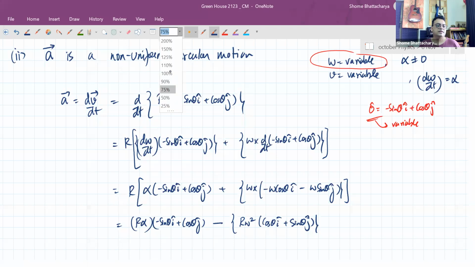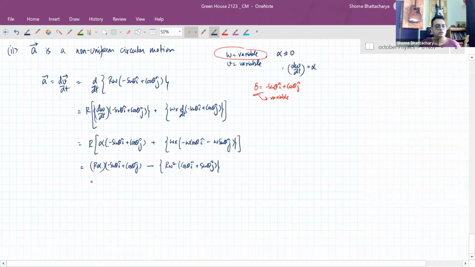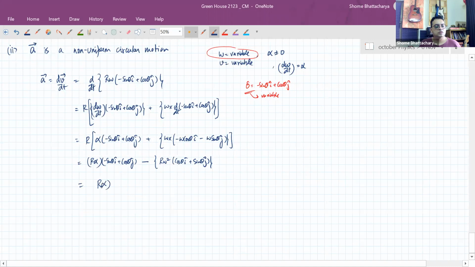Now you can see that the acceleration has two components. This is what we call the tangential component, and this is what we call the centripetal component.